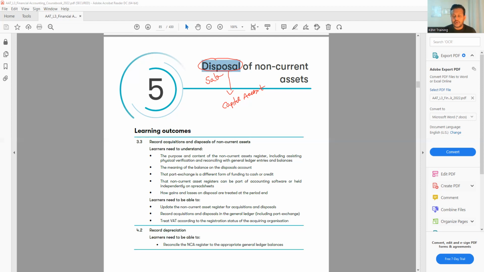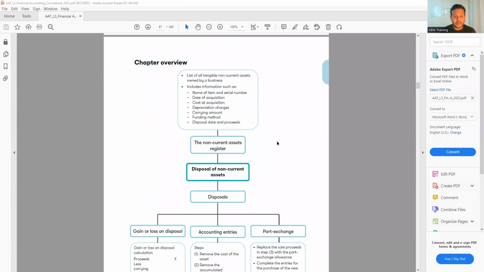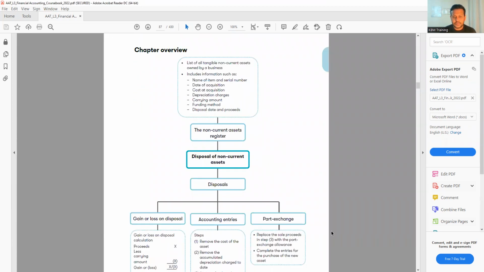Now let's move on to the chapter overview. Let's have a look at what we have on the chapter overview. We can see here a list of all tangible non-current assets owned by a business.